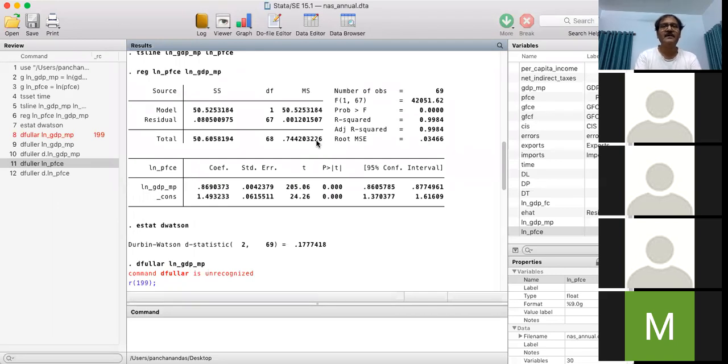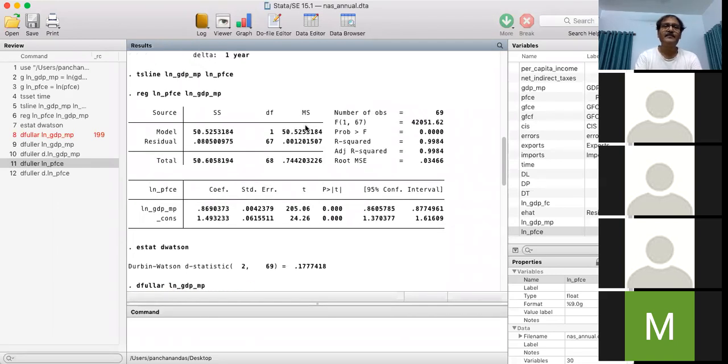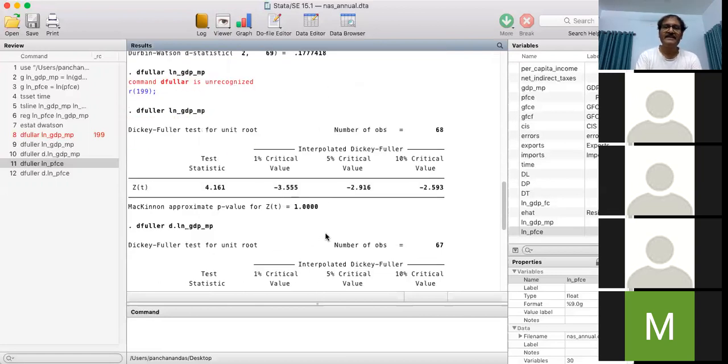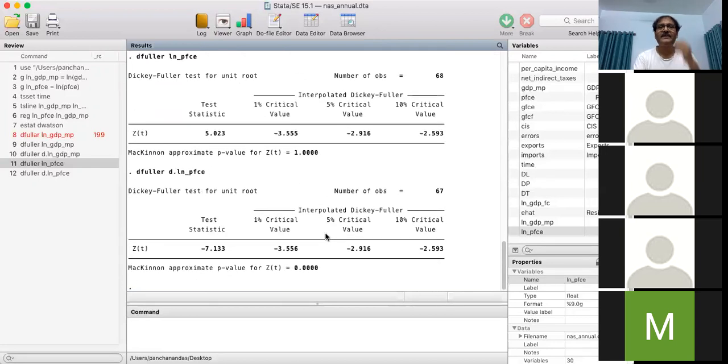For that reason, we should avoid simple OLS to find out the nature of the relationship between two or more time series variables which are integrated, that is, which contain unit roots. So if they contain unit roots, what to do? In that case, we have to find out whether they are co-integrated or not.